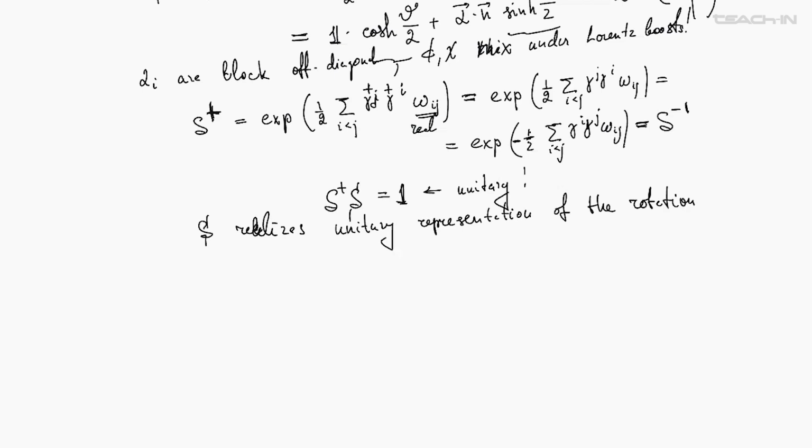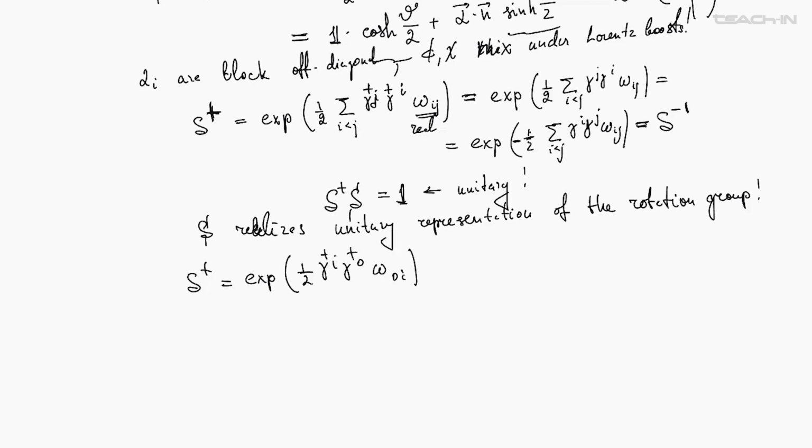What about Lorentz boosts? For Lorentz boosts, we have S dagger equal to exponential of 1/2, again, gamma I dagger, gamma 0 dagger. So I change the order of the gamma matrices. And then I know that gamma I is anti-Hermitian, gamma 0 is Hermitian.